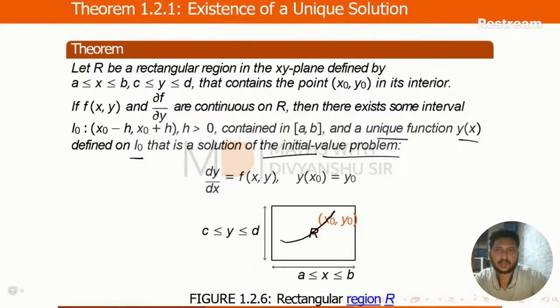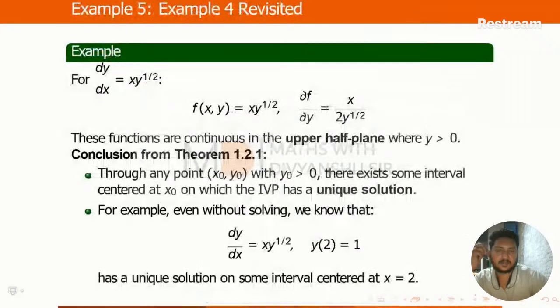Okay. So now in the next portion, there is a revised example. dy/dx is equal to x y to the power 1/2. Their function part is f(x, y) which is equal to x y^(1/2).